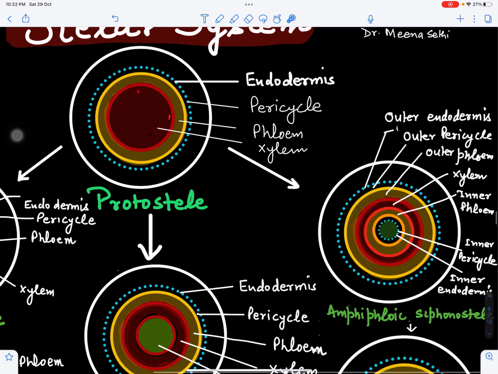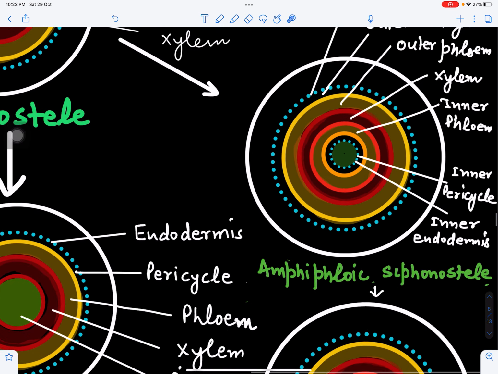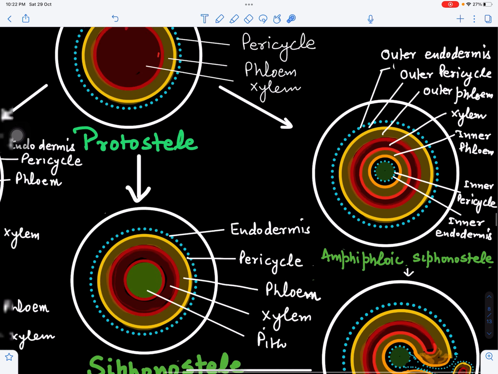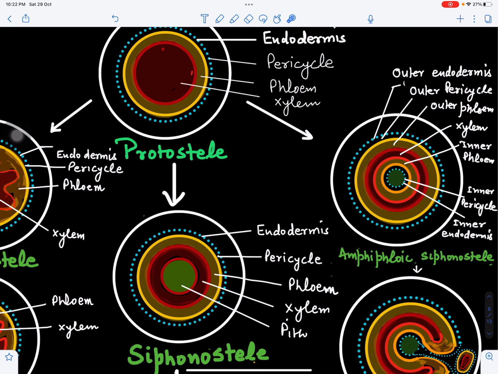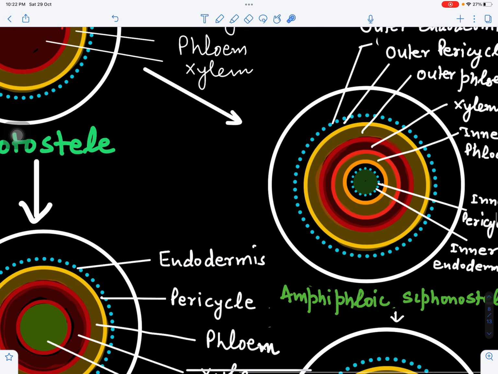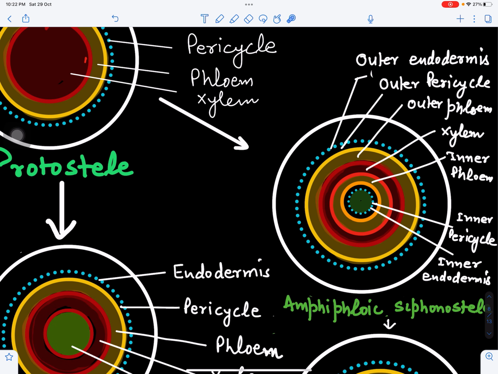Now next we can discuss different types of siphonosteles. Now here we can see this is different from this. Here this is the pith part, this is xylem, and this is phloem, then pericycle and endodermis. And here this green part is pith. Now here this is inner endodermis, then inner pericycle.